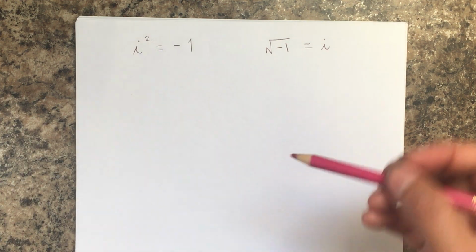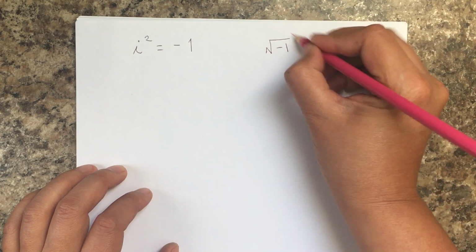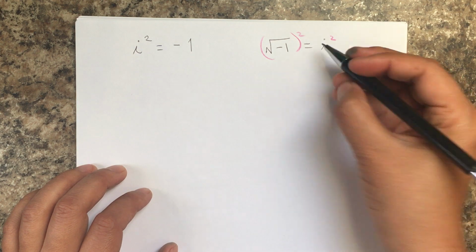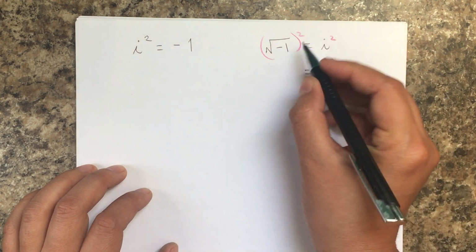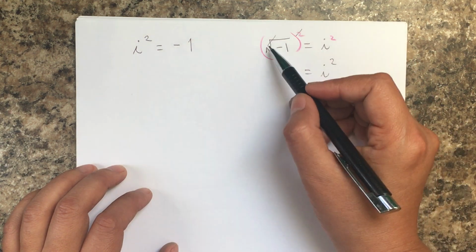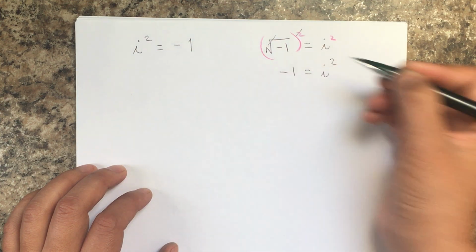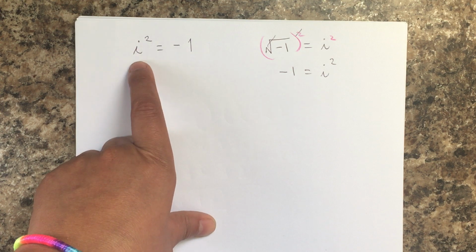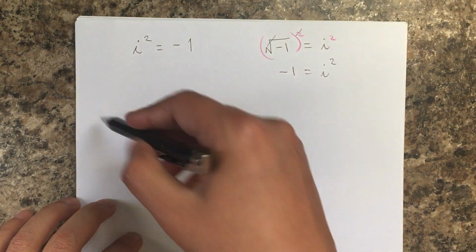But if you raise both to the second power, that becomes i squared. And in here, this square cancels with this square root, which is what we just learned. The square root and the square cancel each other, so you end up with -1. So that's where this statement comes from, that i squared is equal to -1.